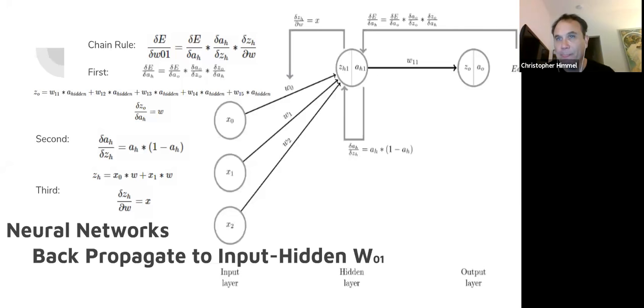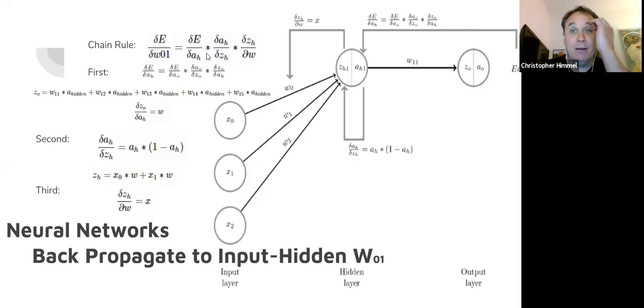Okay, so what we're trying to find is the change. We're going to now figure out how to change these weights. We're going to see what the contribution to the error of each one of those weights is. And we're going to, again, use a chain rule. If you see with this chain rule, if you knock out the AHs and the ZHs, the delta ZHs, we end up with what we're looking for.